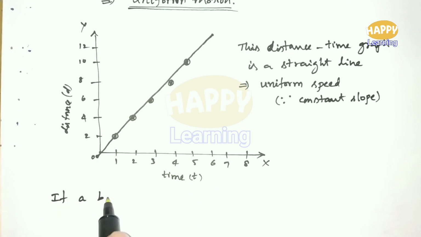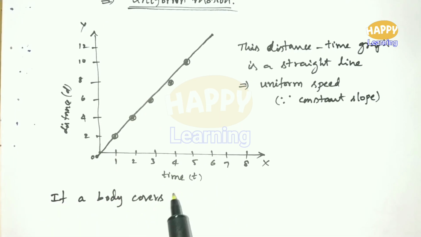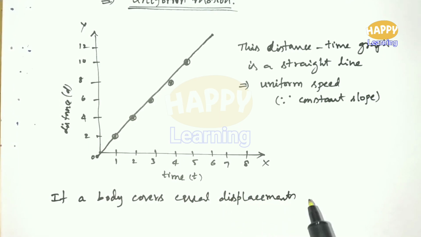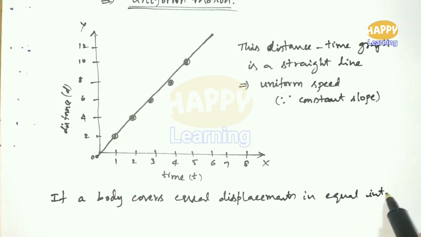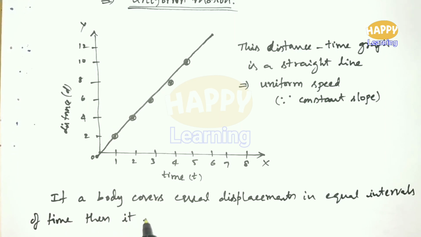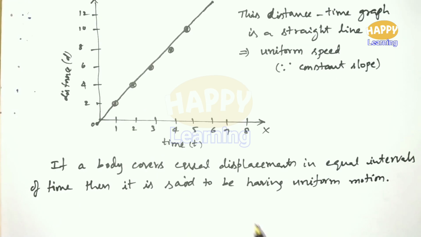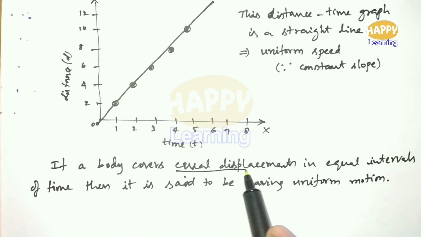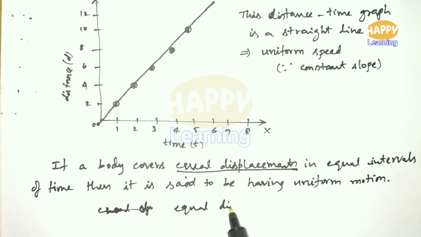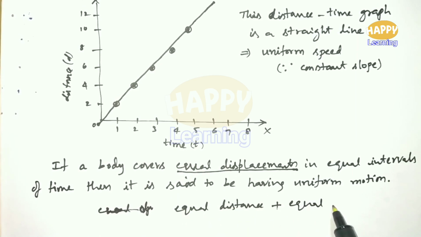If a body covers equal displacements in equal intervals of time, then it is said to be having uniform motion. Here equal displacements means equal distance plus equal direction.